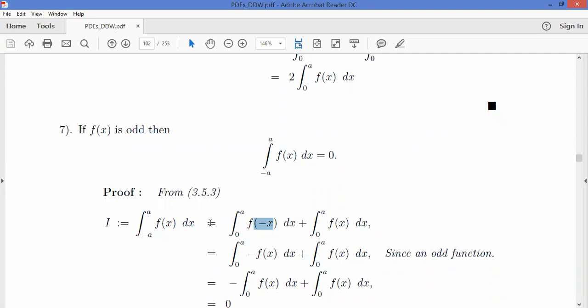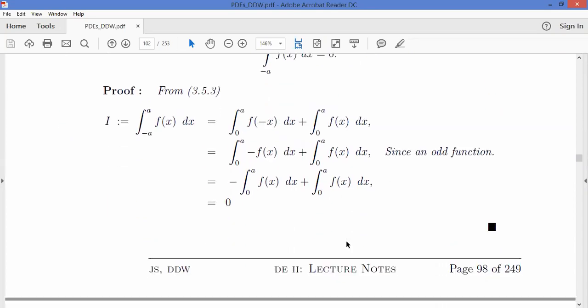And because it is minus 0 to a, if you compute this, this one will definitely give you a negative over that. And that giving you a negative over that, you will now get the term that you have here. And once you have this positive here, you end up with a 0 there.